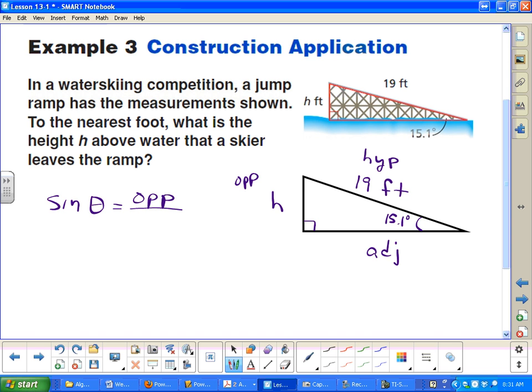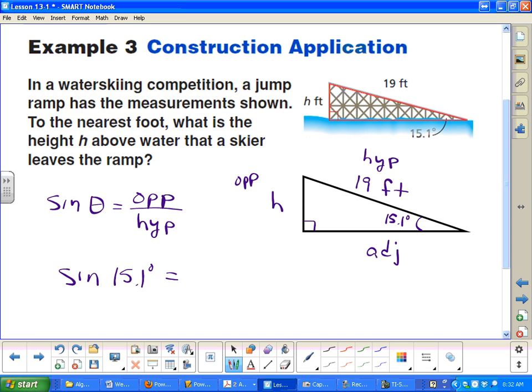Sine of theta is equal to the opposite over the hypotenuse. So replace theta with 15.1 degrees.